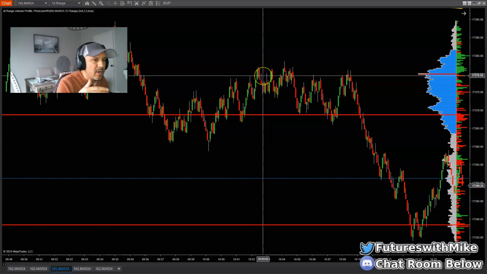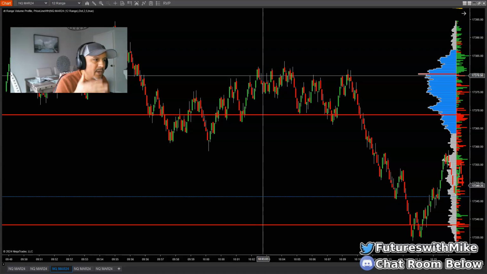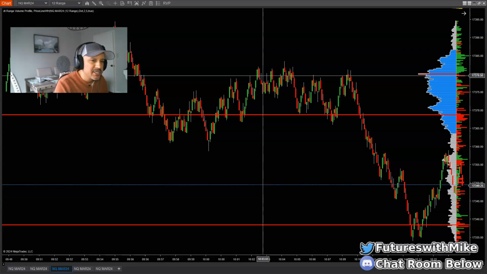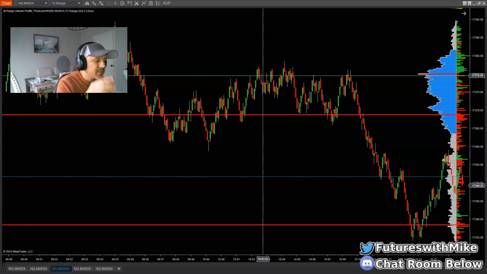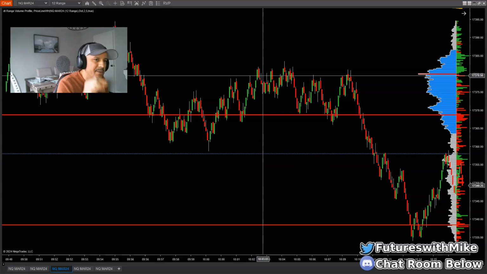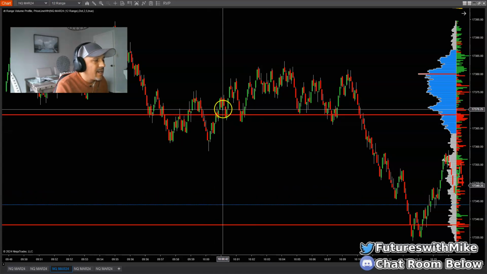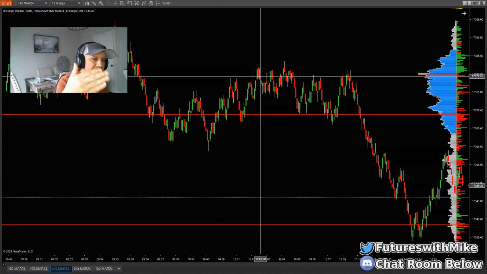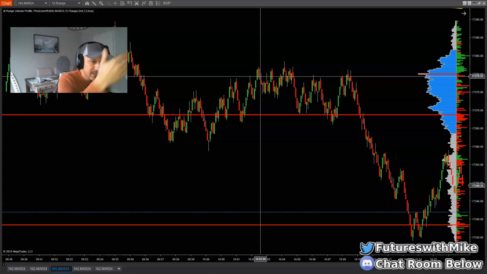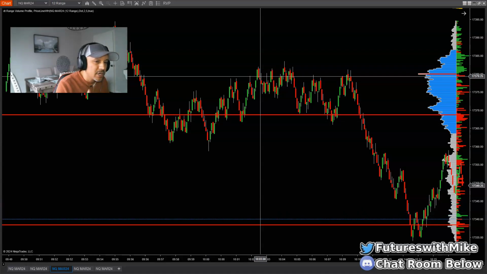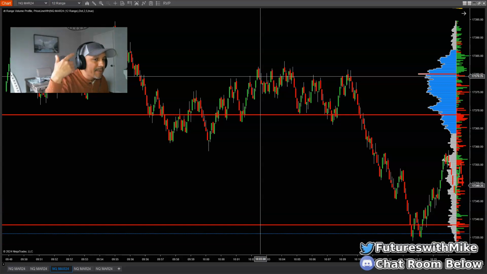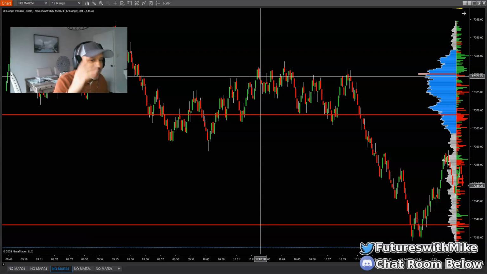But anyways, because we are moving to the downside, we want to be looking for classic formations where the market sweeps right above an area of resistance as we are making higher highs and higher lows back to the upside on the lower time frame. Again, the higher base chart is moving to the downside. So we always want to keep in mind, be looking for setups going short, not long.